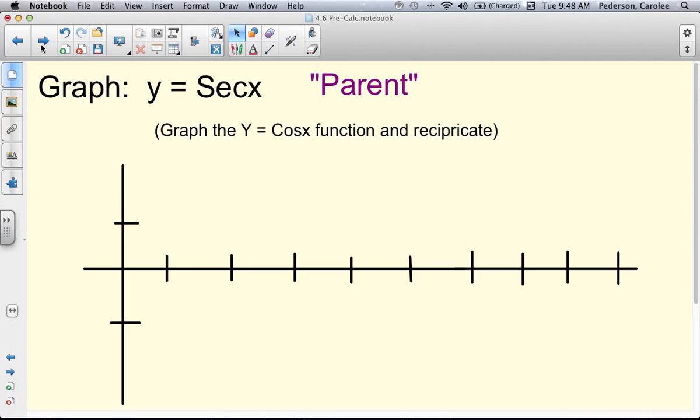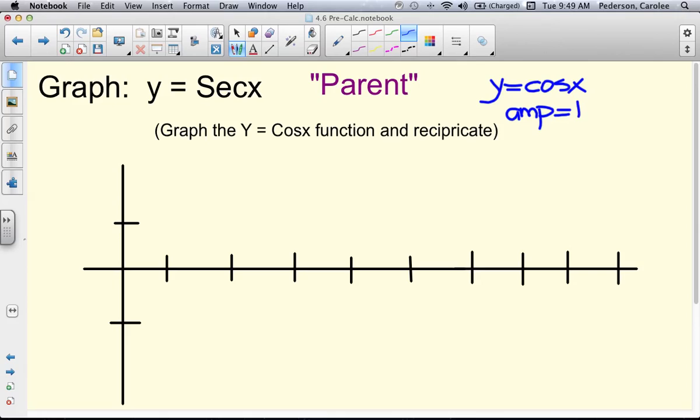It's not correct math vocabulary, but it's the way I remember it as a student, and I try to teach you some of those methods. Okay, so we'll stick with the same colors again. So we had blue as our parent function for the cosine. The parent function has an amplitude of 1 and a period of 2 pi.